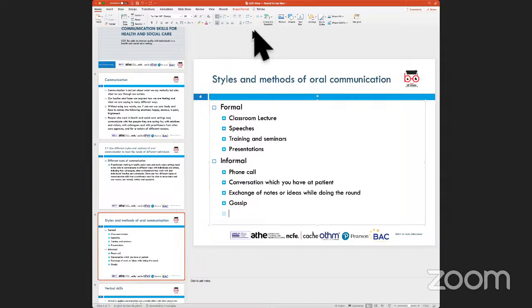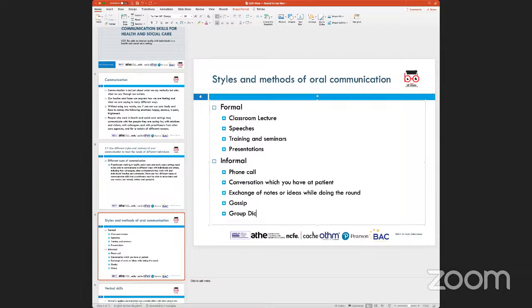So when you look at informal types of communication, verbal oral communication can be formal and can also be informal. In some cases, what you would need to do is look at segmenting how you would have these conversations.